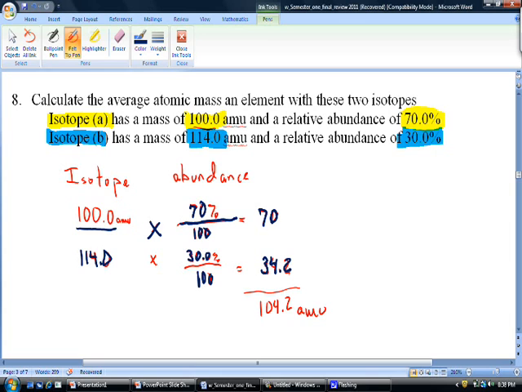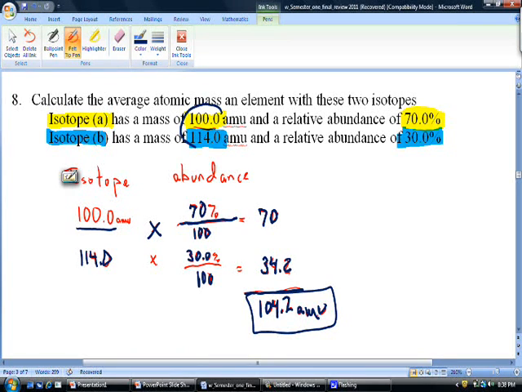So the actual average, if you take hundreds and thousands and millions of these atoms, the actual average for the atomic mass is the sum of these two values that we've calculated using this process of finding a weighted average. So about 104.2 is the mass. Now I hope that makes sense to you, because this should be between the two isotopes.